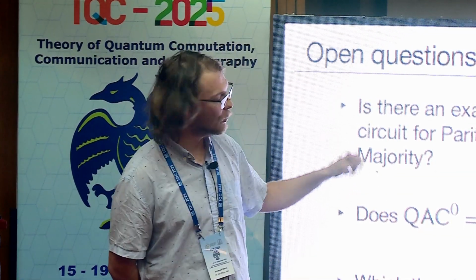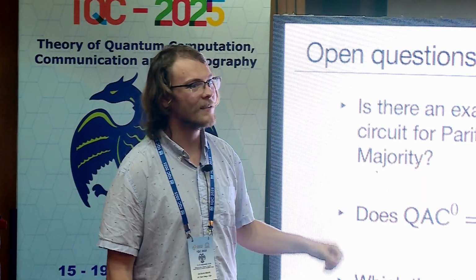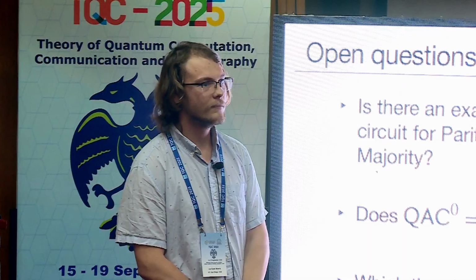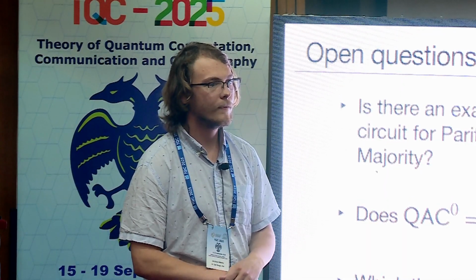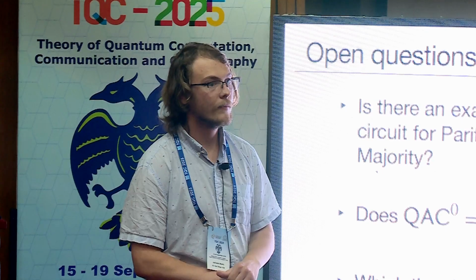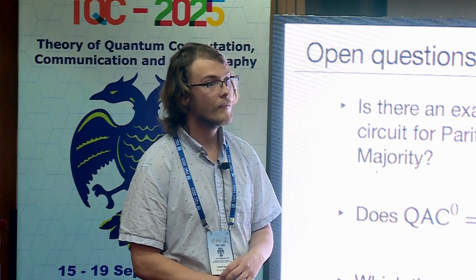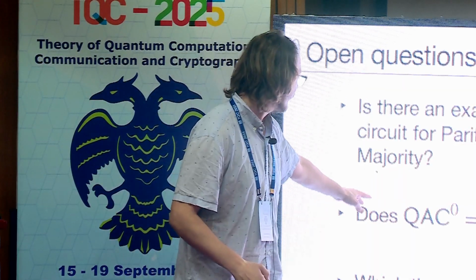If you work over p-dimensional qudits, then you can compute this mod p function in a similar way. Yeah, and one more question from my side. Is it possible to construct polynomial size constant depth circuits with only generalized Toffoli gates that can compute the fan-out operation? Yeah, this is exactly this question here.